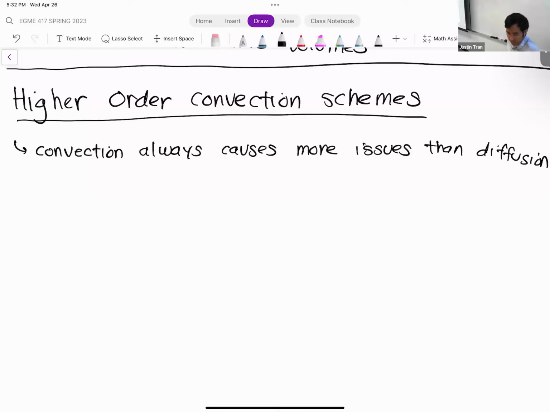Okay. And there's a lot of issues with convection. Just to list a couple, one thing that we always have to worry about is stability.